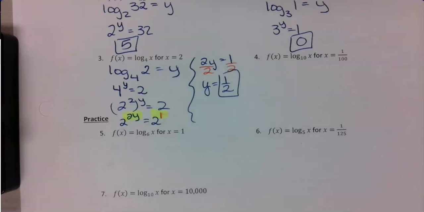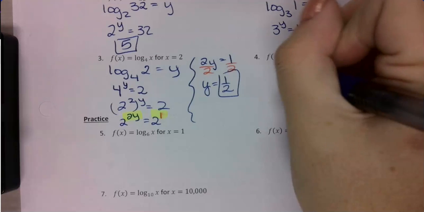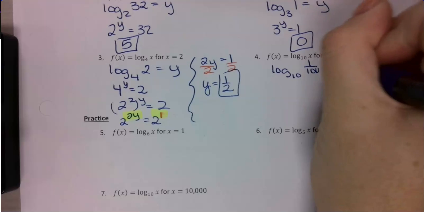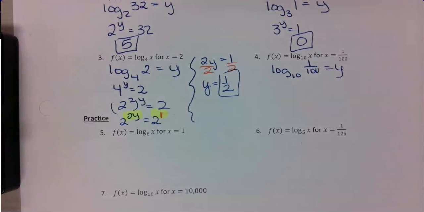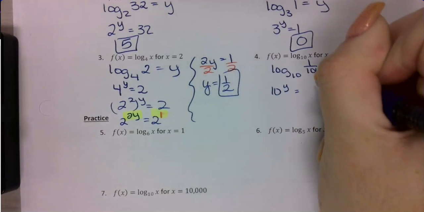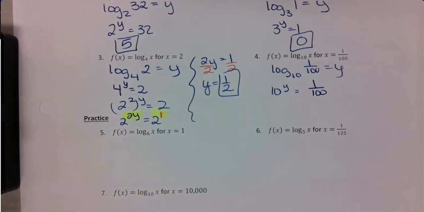Okay, so number 4, same idea. I have log base 10 of 1 over 100 equals y. Then I can rewrite this as 10 to the y power equals 1 over 100. Do you know what this one is?